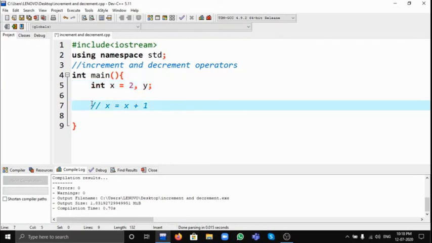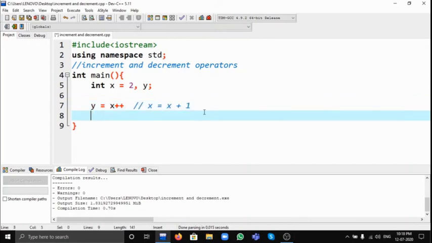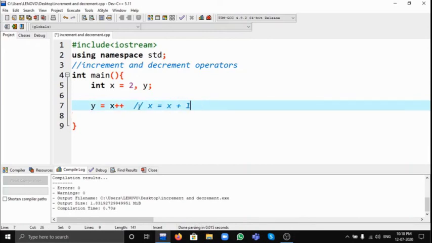Now let's simply say that I am going to increment the value of x as I did initially, and I'm going to store that value inside y. I think it's quite clear, right? First, don't look at y, just concentrate on this term x++. What do we have here? The value of x is 2, so 2 plus 1 is 3, right?